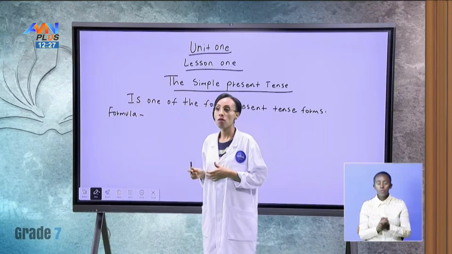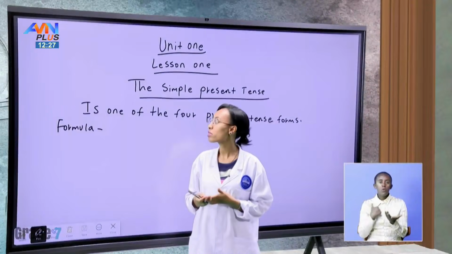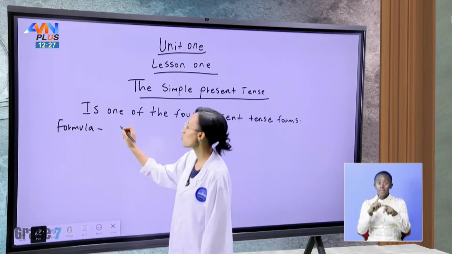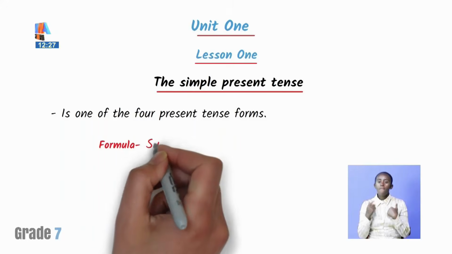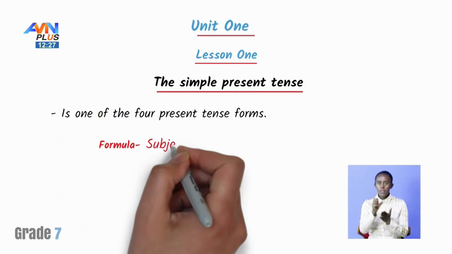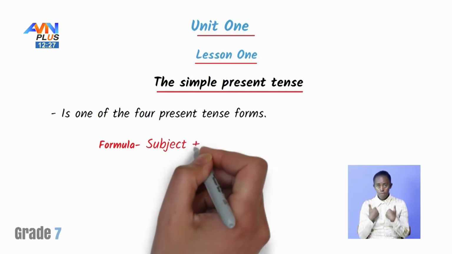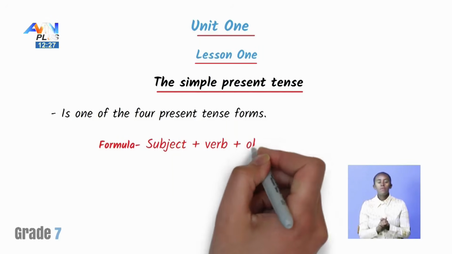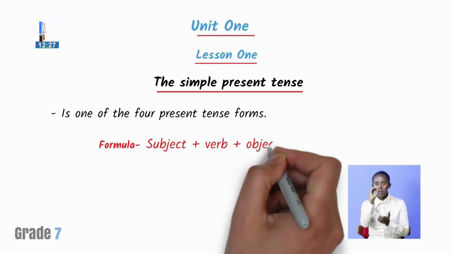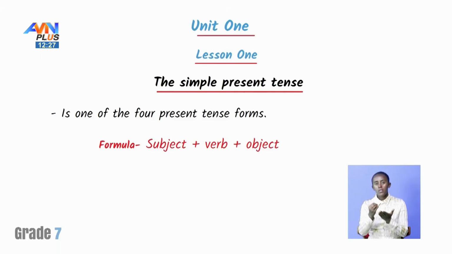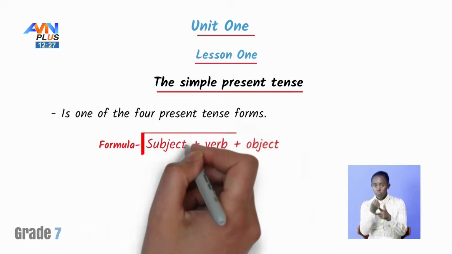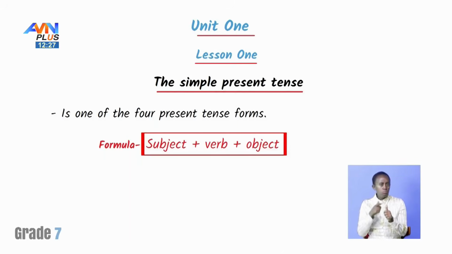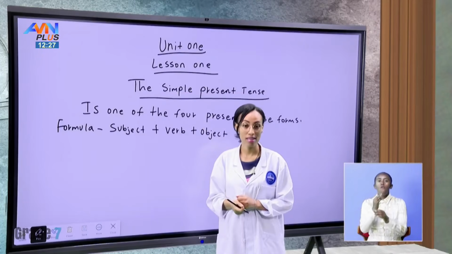The form that we use in the simple present tense is: we have first our subject, we have our verb, and then we have our object. This is the right way of using the simple present tense.